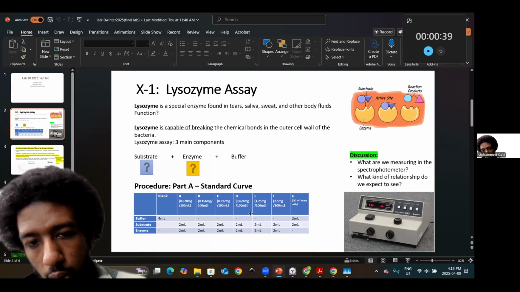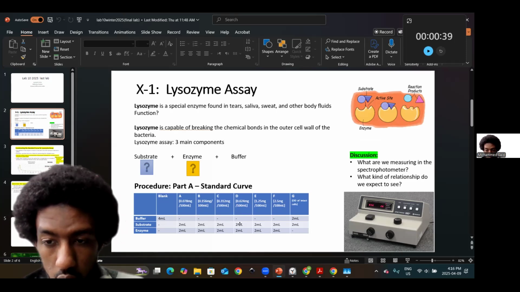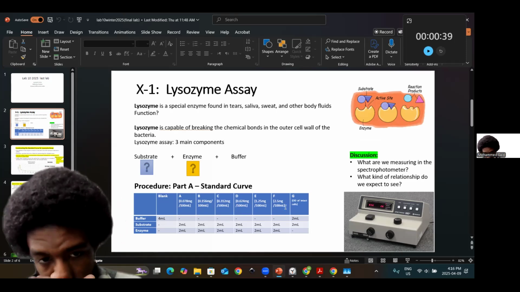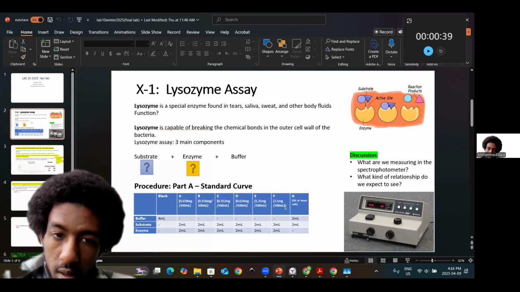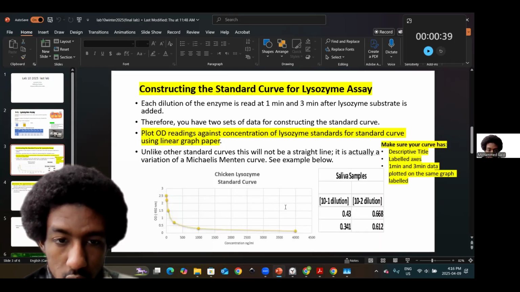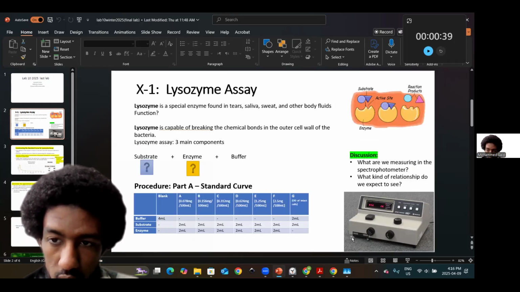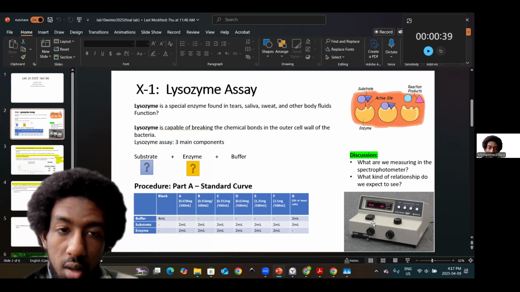You have different components, with your blank having the buffer, and then the other sets of tubes, which will normally be done across your bacteria with increasing concentrations of your lysozyme. Then you would plot these values following the spec 20 reads, right? You would use the spec 20, having blanked it before. Recall that you're breaking down bacteria.